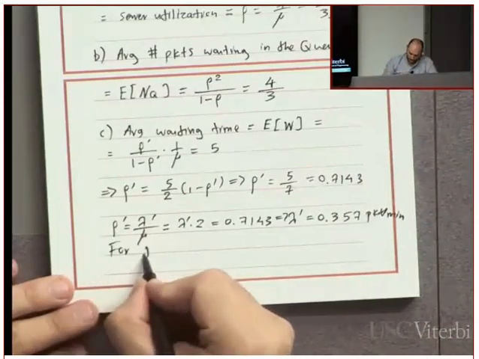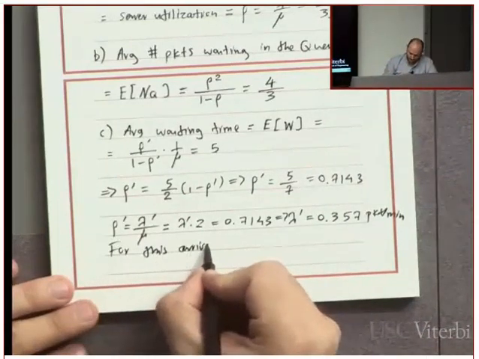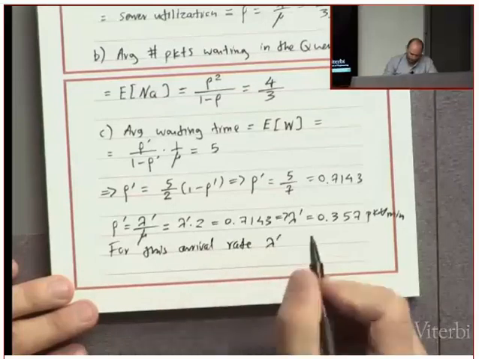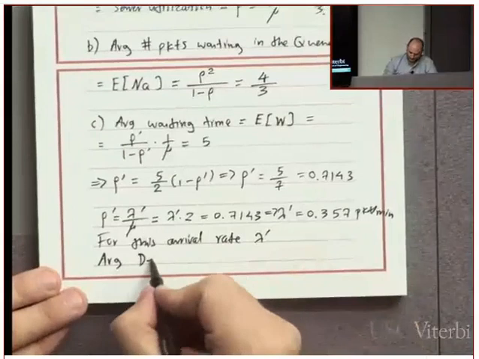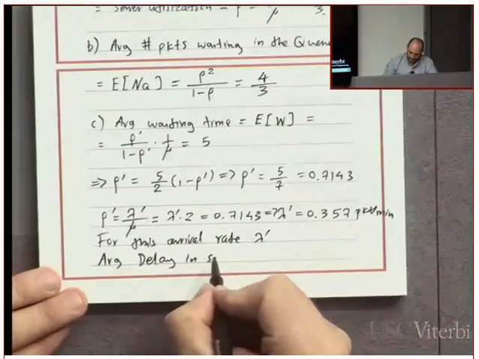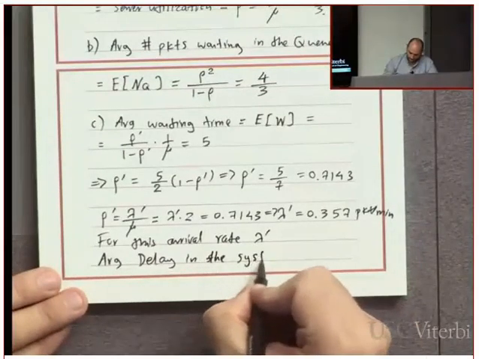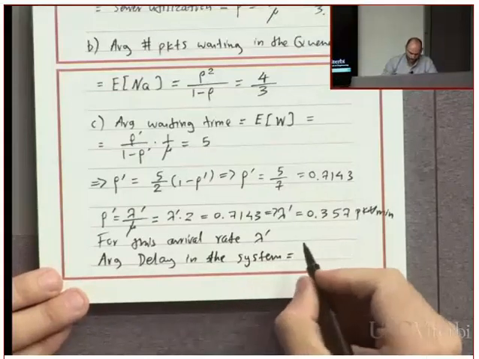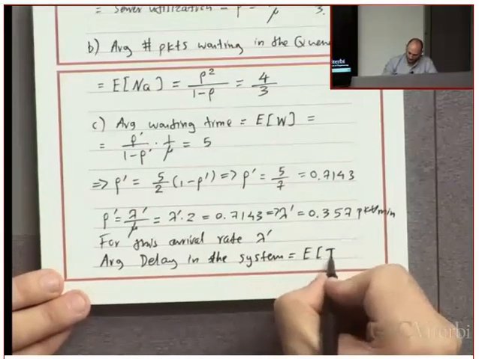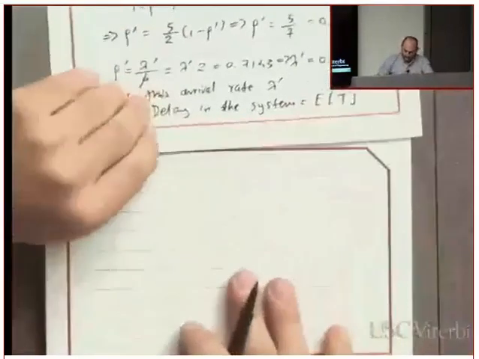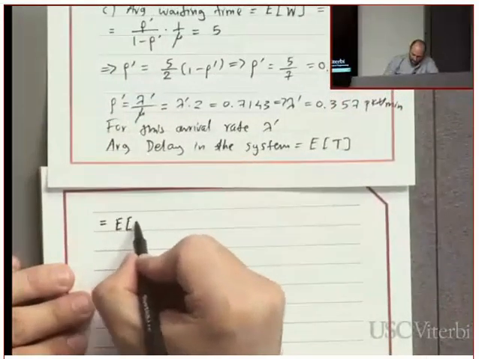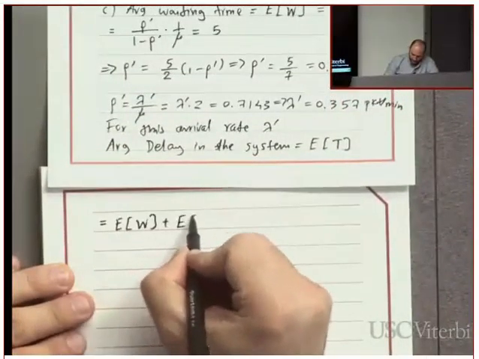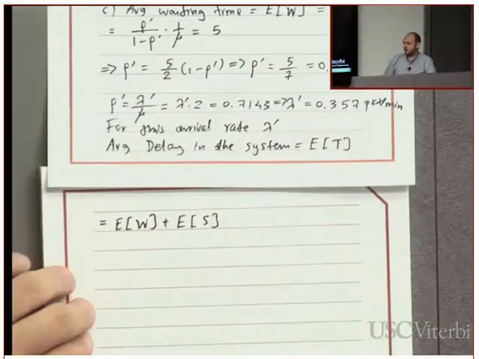So for this arrival rate, lambda prime, what happens? Average delay, do you see? Delay in the system is equal to expected T, and this is equal to expected W plus expected S. Those are standard notations here.